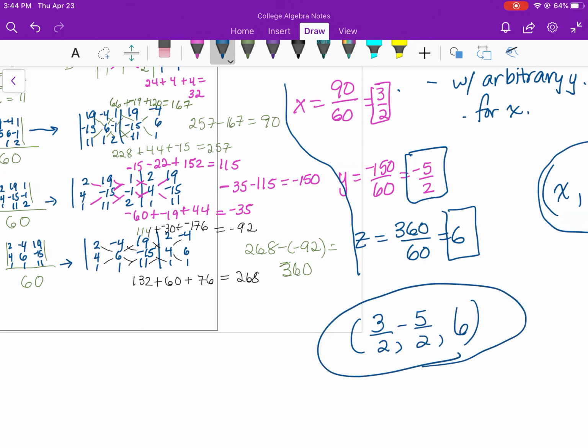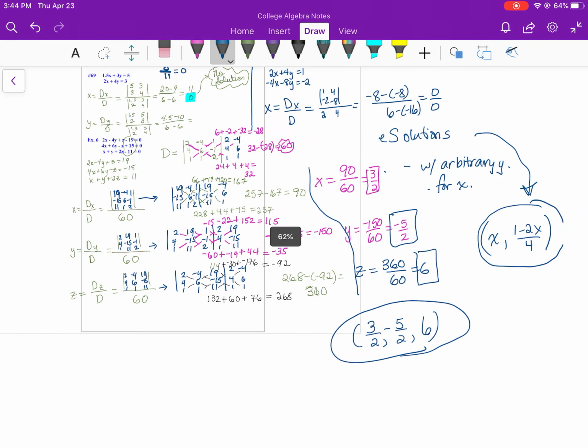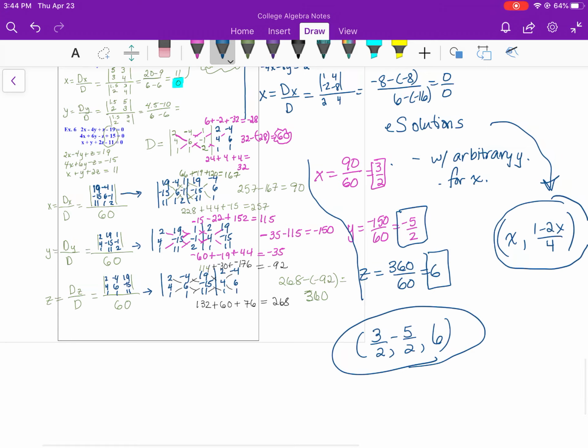Okay, these are going to take a lot of work. I didn't assign very many of them in your homework. Give them a shot. If you get stuck, send me an email. Let me see a screenshot of your work so that I can help you figure out where your mistake might be. If you have to do these on a test or a quiz, it would typically be something like, here's your set of 3 equations, find one of them.